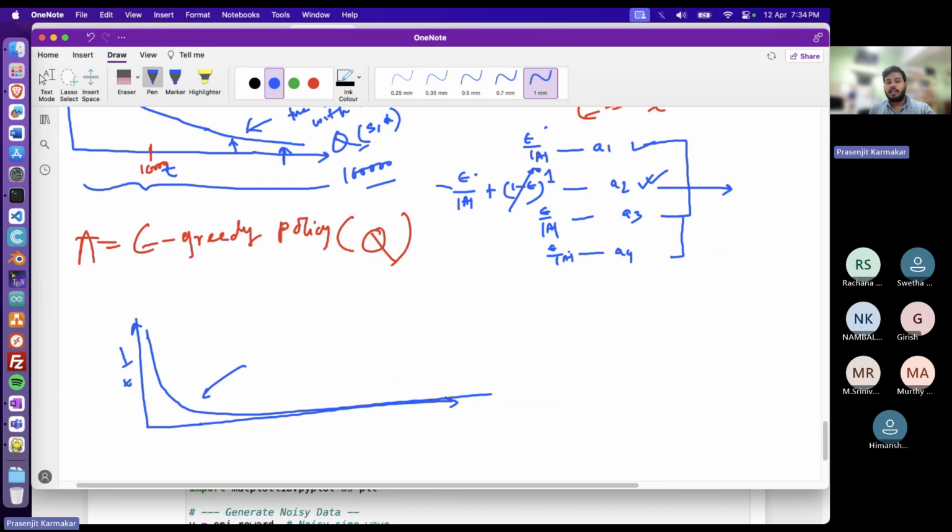Basically, you are not exploring enough. So let's say at 1 over 1000, right? 1000 means 0.001. So you are exploring only this much of the time and exploiting for 0.999 of the time. So my exploration dies a lot quicker than it is supposed to.